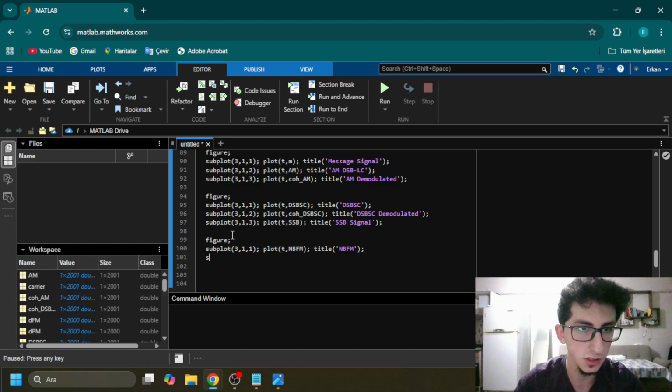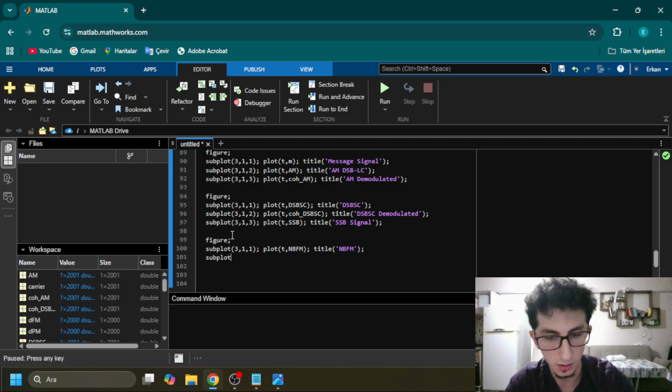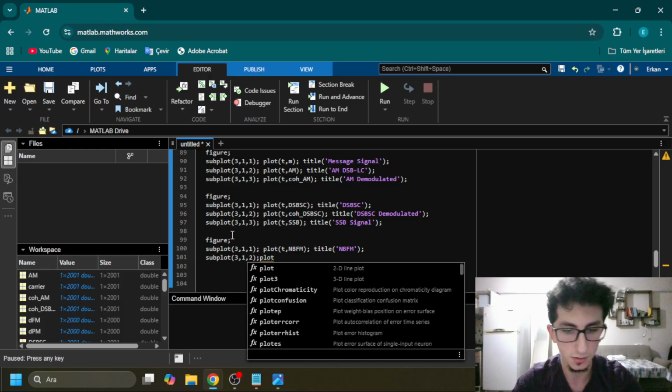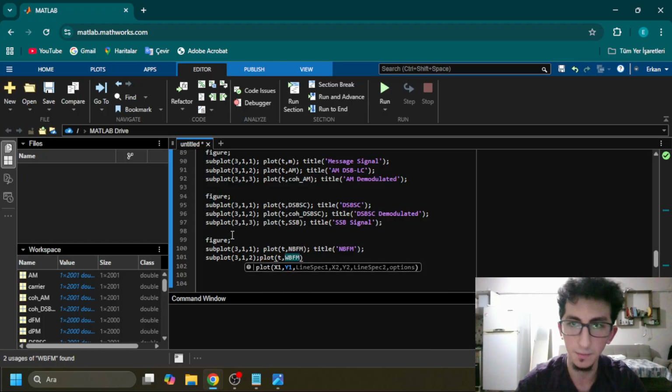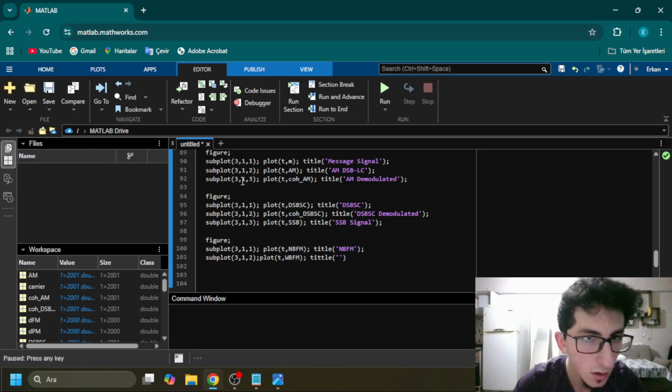The second one is subplot 2, 3, 1, 2 and plot T wideband FM, and the title is gonna be narrowband FM and wideband FM.